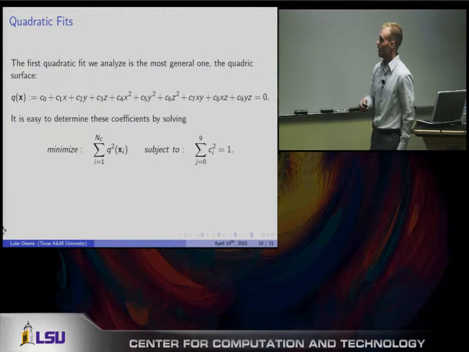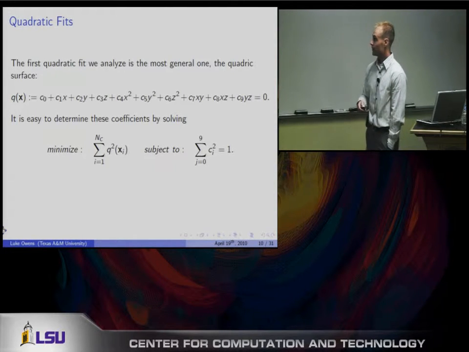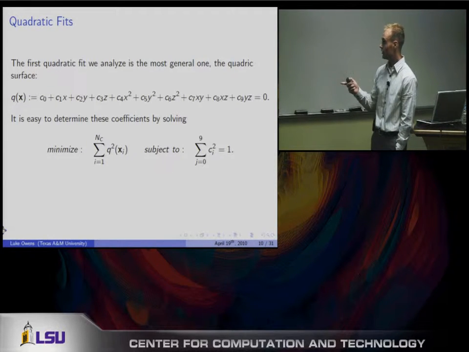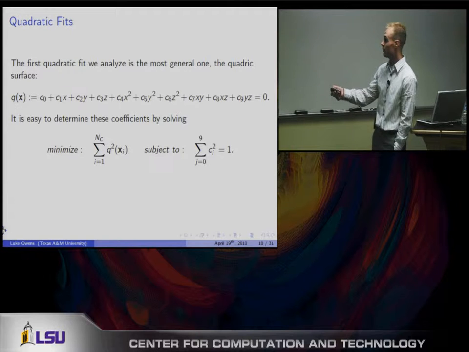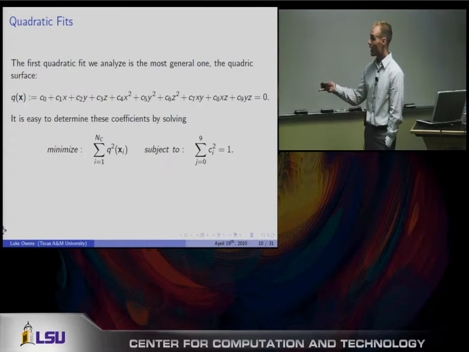Okay. So quadratic fits. Here's the most general quadratic fit, and it's sort of analogous to the PCA situation, right? We just set up this minimization problem here, and we can solve for C0 through C9. Pretty easy.